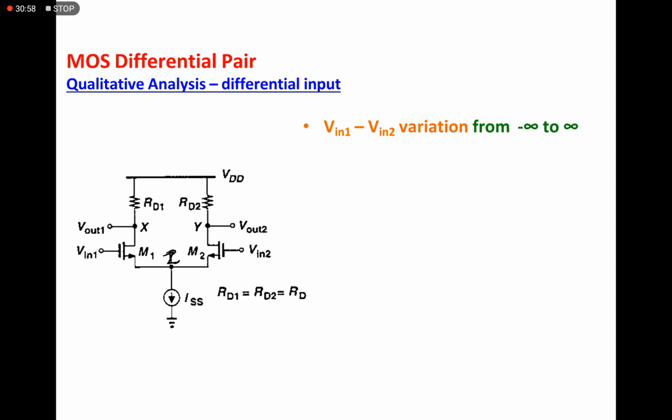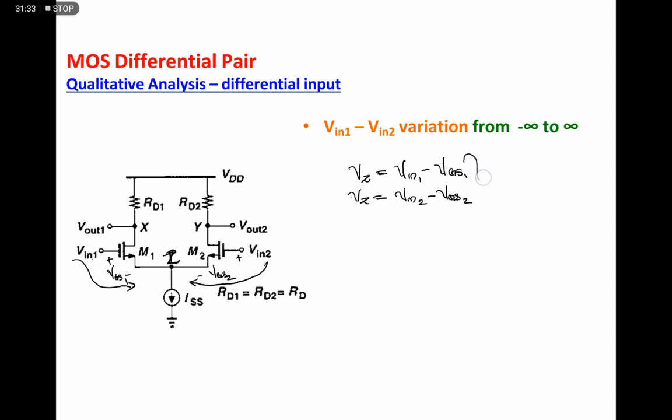So first, with respect to this one, Vin1, here it is VGS1, here the voltage is VGS2. We know the value of VP from the first transistor. Here we can write VP is Vin1 minus VGS1, and also VP from the second transistor is Vin2 minus VGS2.